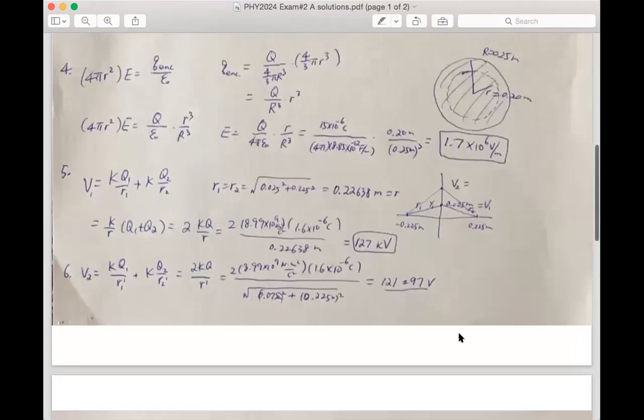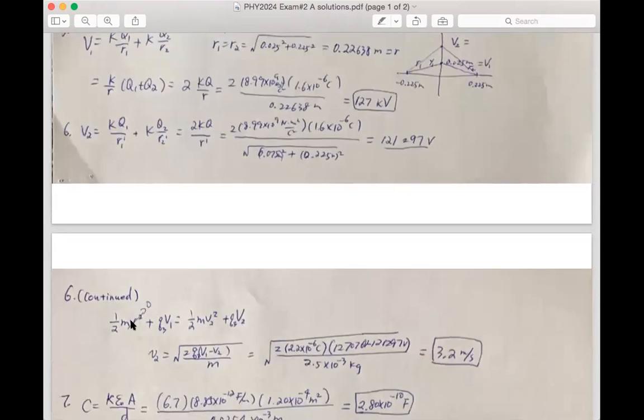Once you have that, you can apply conservation of energy, which says kinetic energy 1/2 mv squared plus the electric potential energy Q3V1 is equal to 1/2 m V2 squared, where small v stands for velocity and large V stands for potential, plus Q3V2. From there you can solve for your velocity V2. This charge is at rest initially, so that's 0. It's about 3.2 at the end.